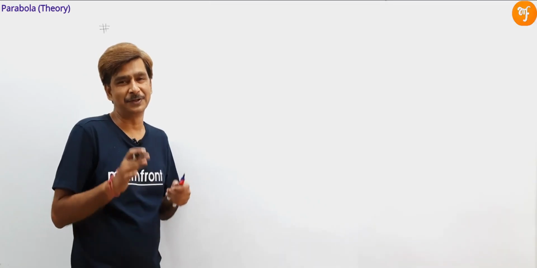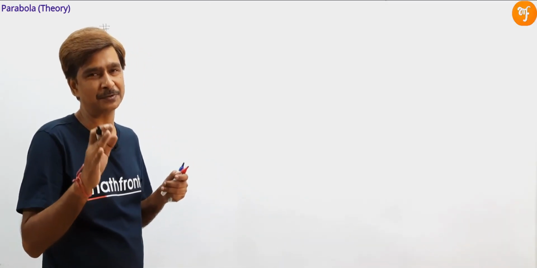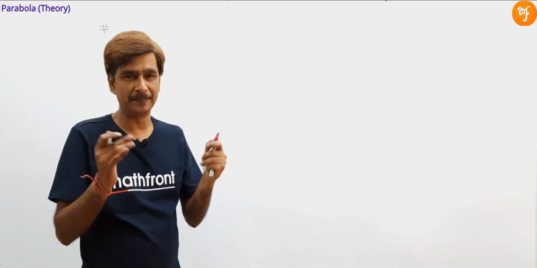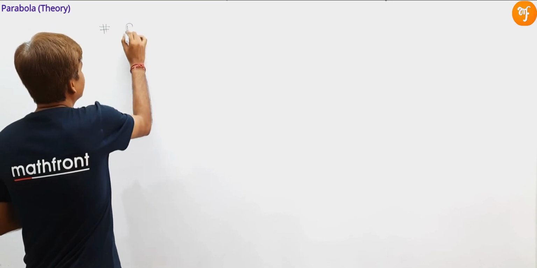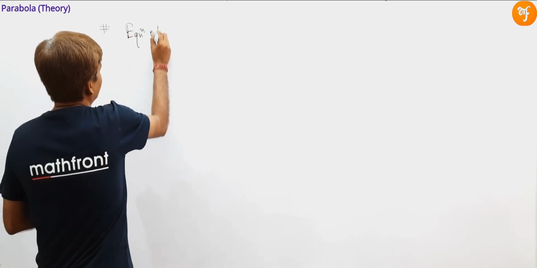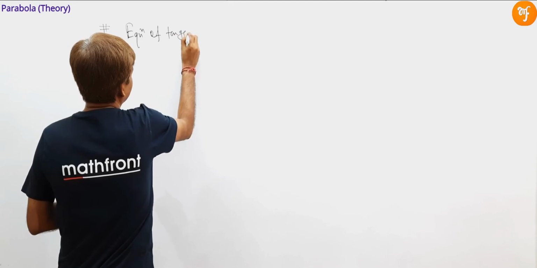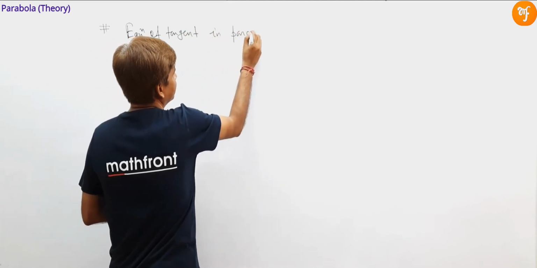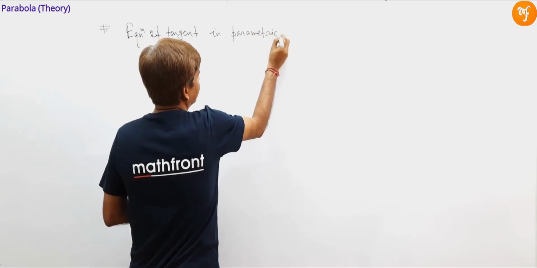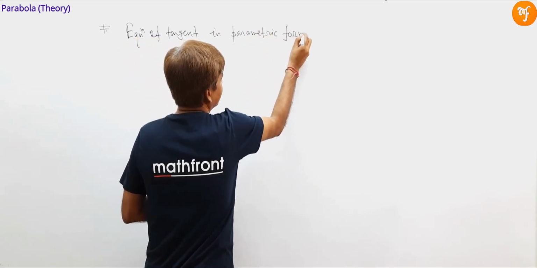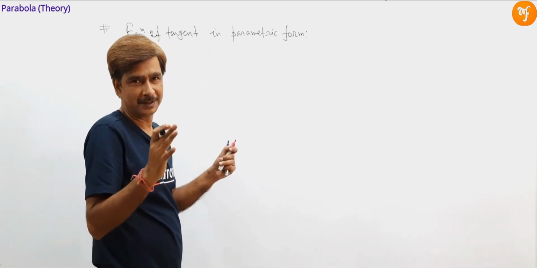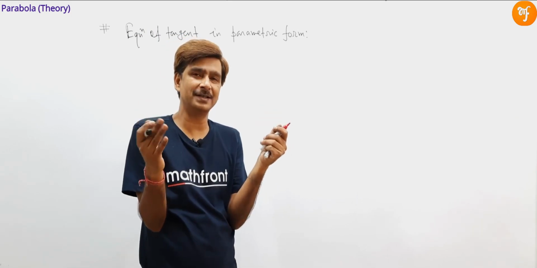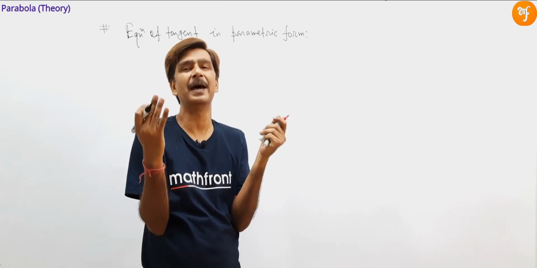Now we are coming to the equation of tangent in parametric form. That is, we are discussing the equation of tangent to the parabola y square is equal to 4ax in parametric form. As we all know, the tangent in parametric form means the point of contact is given in parametric form.